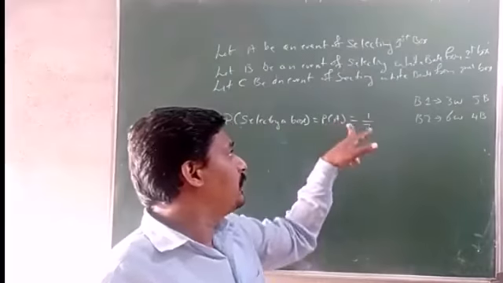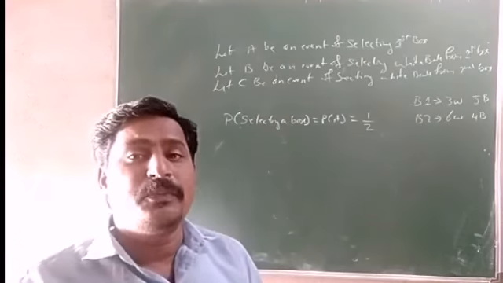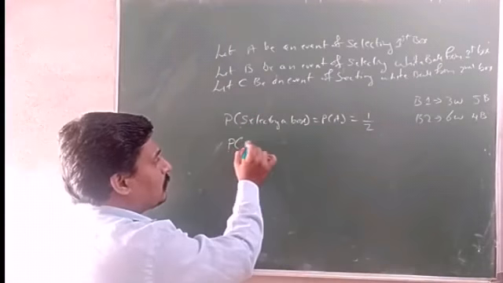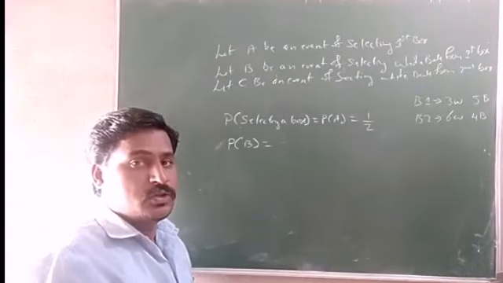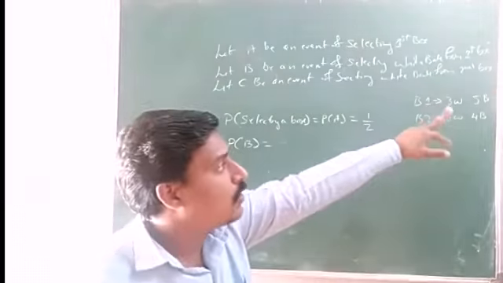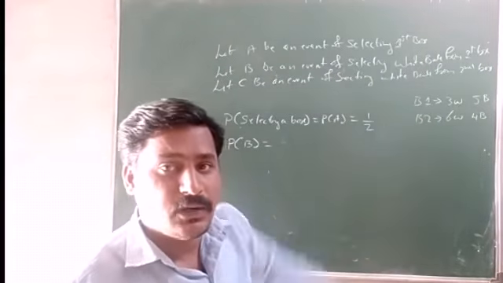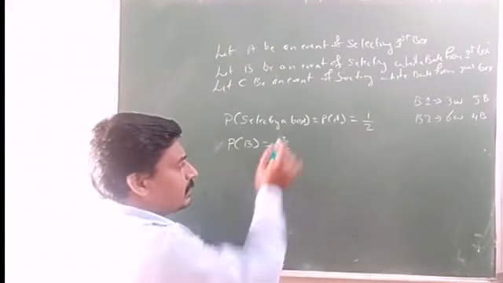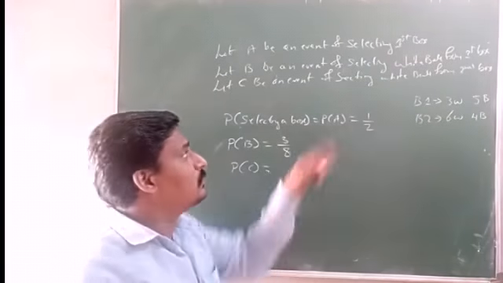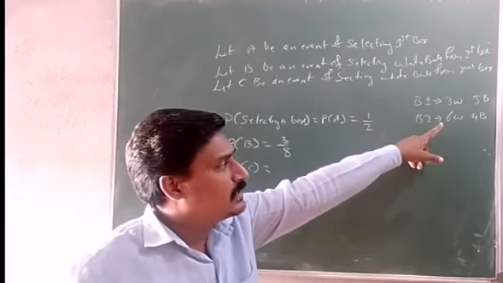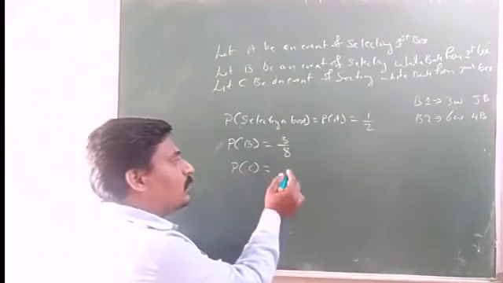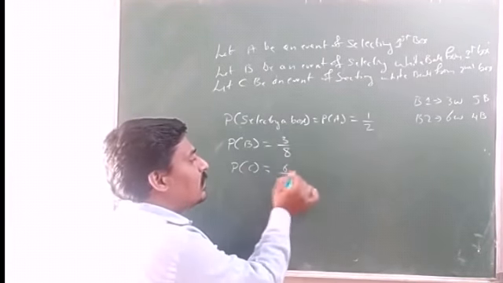Now the probability of B, selecting a white ball from the first box: in the first box there are 3 white balls out of 8 balls, so that is 3 divided by 8. Now the probability of selecting a white ball from the second box: in the second box there are 6 white balls out of 10 balls, so it is 6 divided by 10.